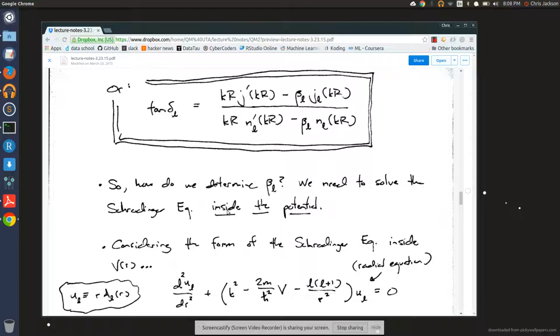It would just be like the hydrogen atom. Or you could do something crazy like a simple harmonic oscillator potential. So you could plug in a specific V, one of these simple ones that you know how to solve, like the Coulomb potential or something else, and then match the wave functions, right?